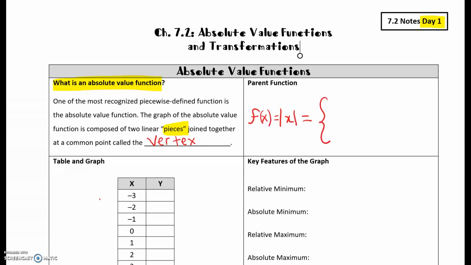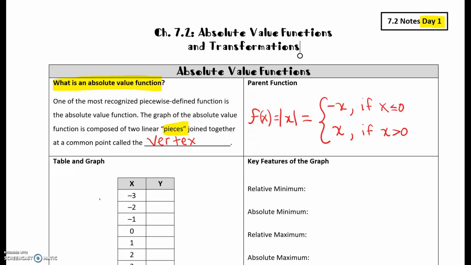So for this example, you need to realize that there is a negative x that turns into a positive, and there's also a positive x that is also a positive because it's talking about distance away from 0. So as a piecewise defined function, the negative x is going to be when x is less than or equal to 0, and then the positive piece is going to be everything else which is above 0.